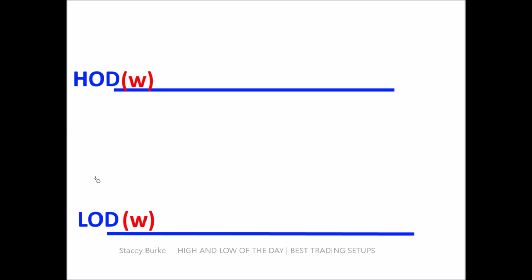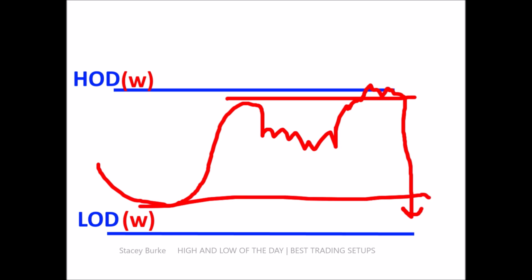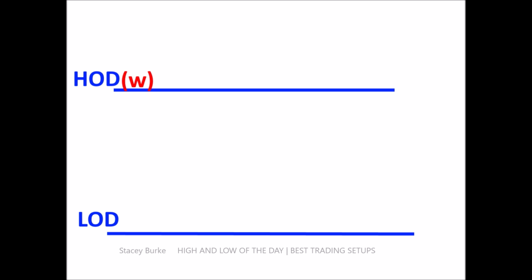We can have, as we saw on gold, a day 1, a day 2, a day 3, and then we can see a nice sizable move. The point I'm trying to emphasize is that I want to be working with pairs that are at this level. So we had an example on oil today. They came down and made a low of the day in London.